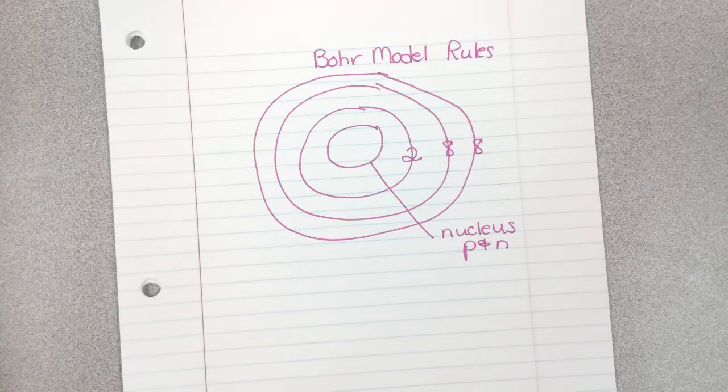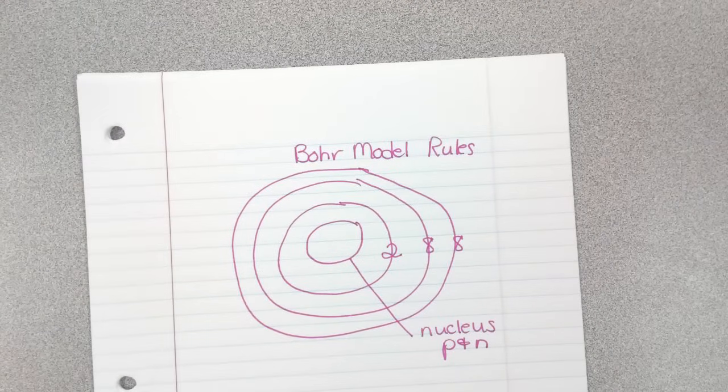Okay, so now we're going to practice Bohr models. Basically, what I'm going to do is pick 4 or 5 elements and draw out the Bohr model. If you follow this format, and I know it's going to seem redundant, I'm writing the same thing over and over, but if you do this, you'll get the answer correct.